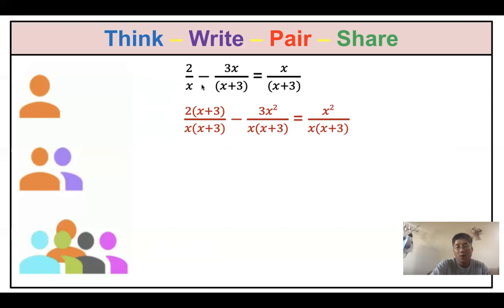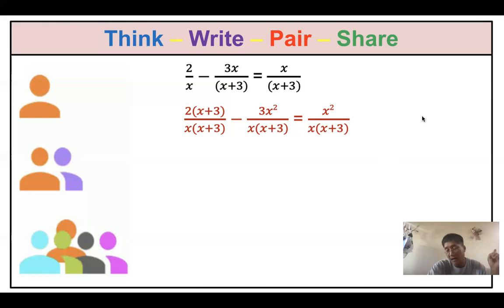You convert all the fractions by using the common denominator. The first one, 2 times x plus 3. Make sense? Second one, you multiply x here, then you multiply x, it becomes 3x squared. Third one here, same thing, you multiply x, the x squared. Now, we know that for extraneous solutions, x cannot be 0 or negative 3.